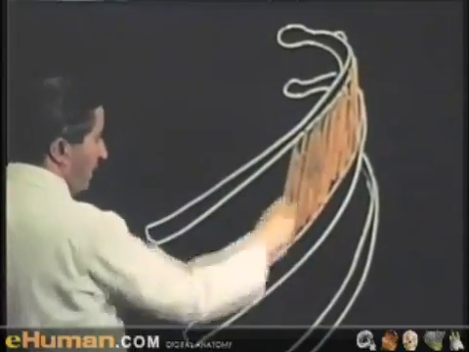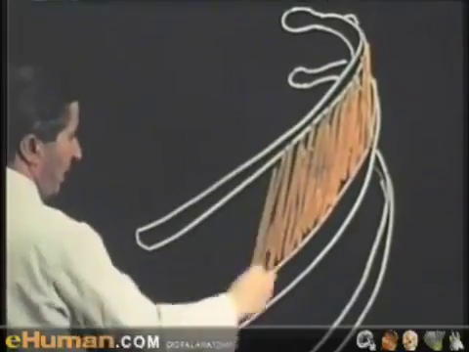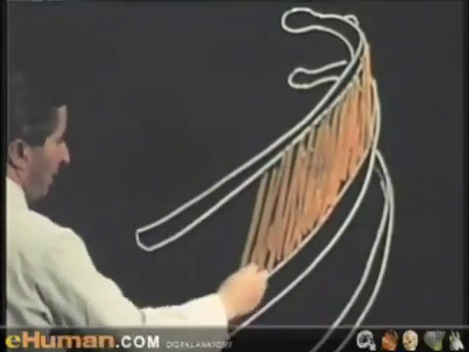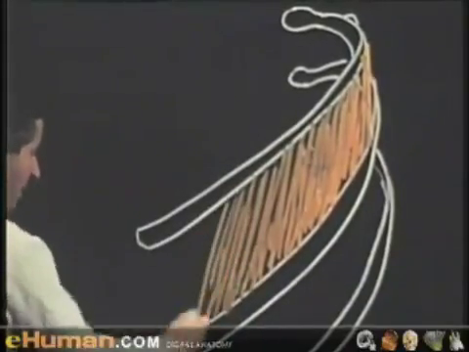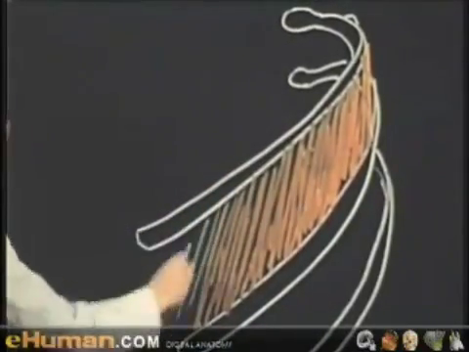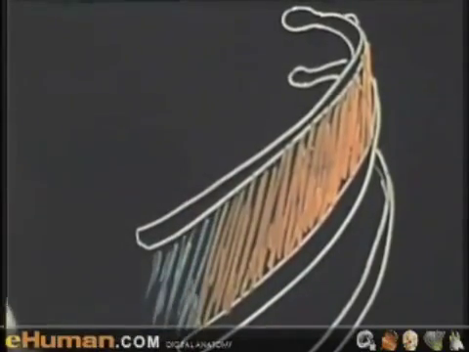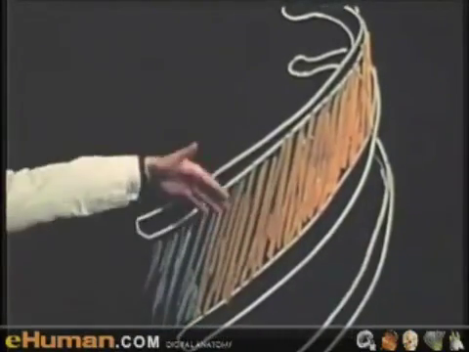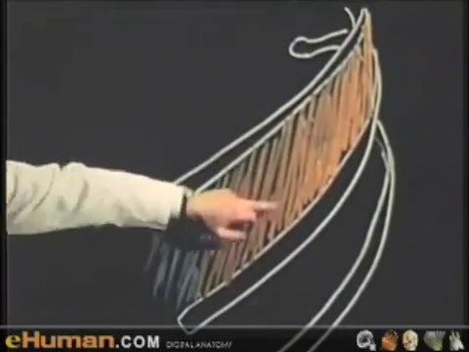As we bring this muscle forward, we reach an area in front where the muscle gives rise to the anterior intercostal membrane, which we'll put in this sort of color. This is a membranous structure. So here we have the external intercostal muscle, whose fibers come downwards and forwards and are inserted into the upper border of the rib below.